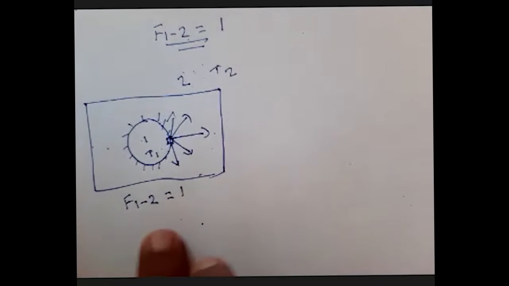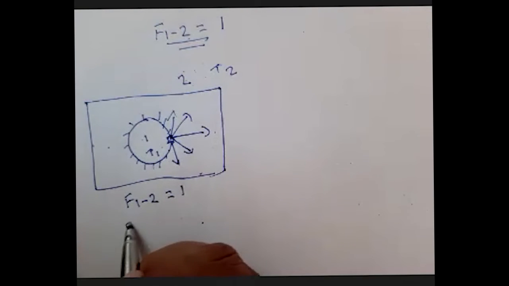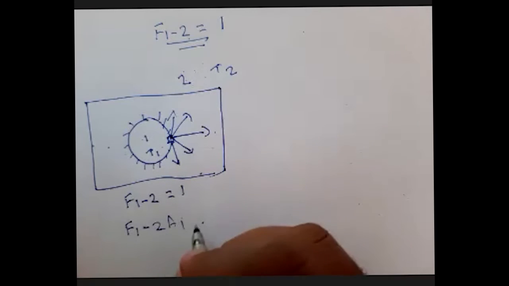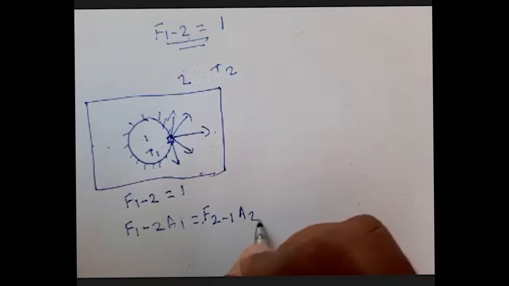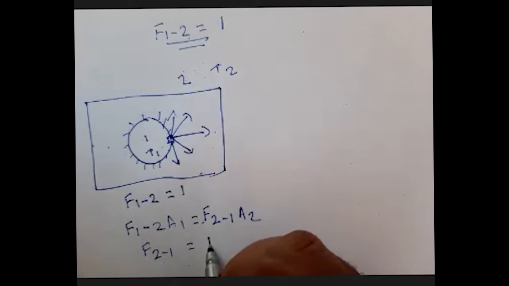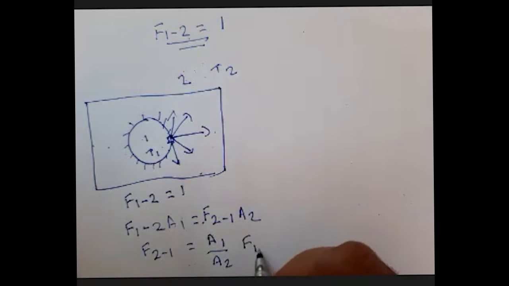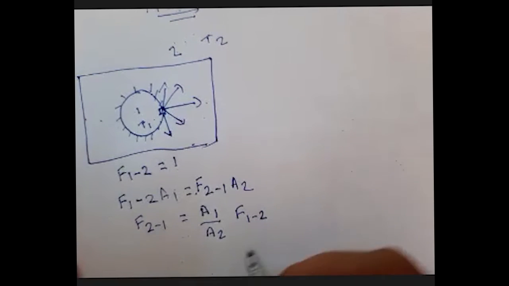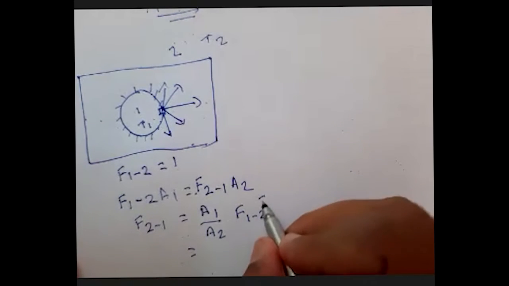And with this equal to 1, I can find out F1 to 2 into A1 equals F2 to 1 into A2. So F2 to 1 is equal to A1 by A2 into F1 to 2, and F1 to 2 in this case is equal to 1.